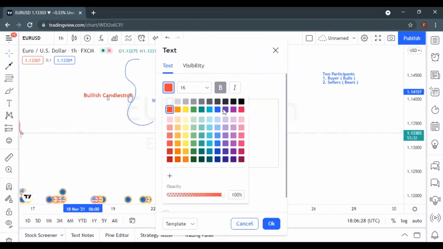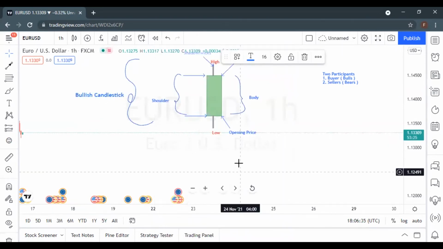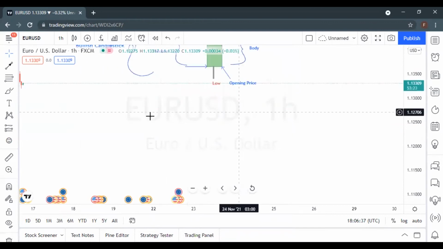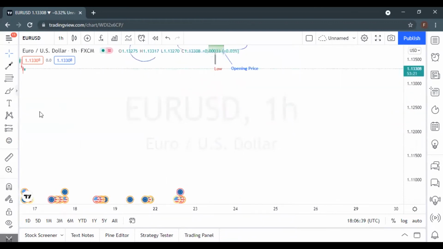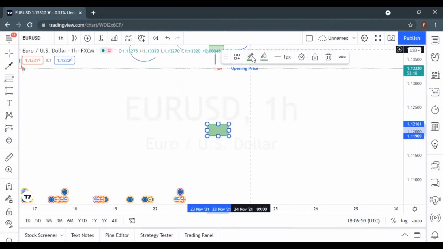Let's change this to blue. Okay, perfect. So this is a bullish candlestick. For a bearish candlestick, on the other hand, we are going to have the market opening, let's say around here, right? Then it will start to move downwards like this.